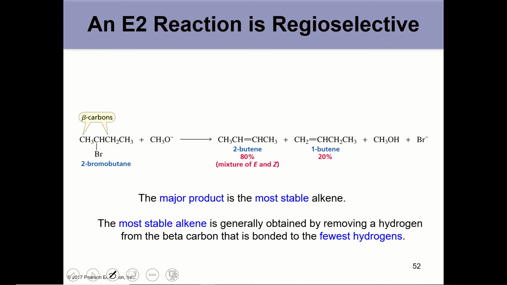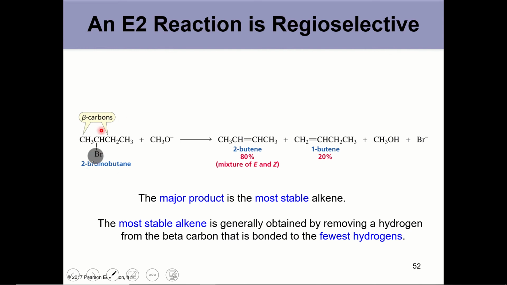If our alkyl halide can result in either a monosubstituted alkene or a disubstituted alkene, the reaction preferentially makes the more substituted alkene. That's regioselective because it selectively makes the more substituted alkene.